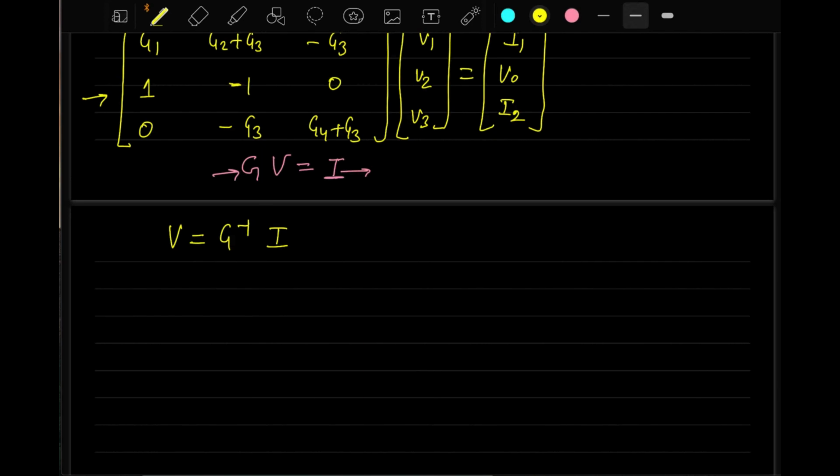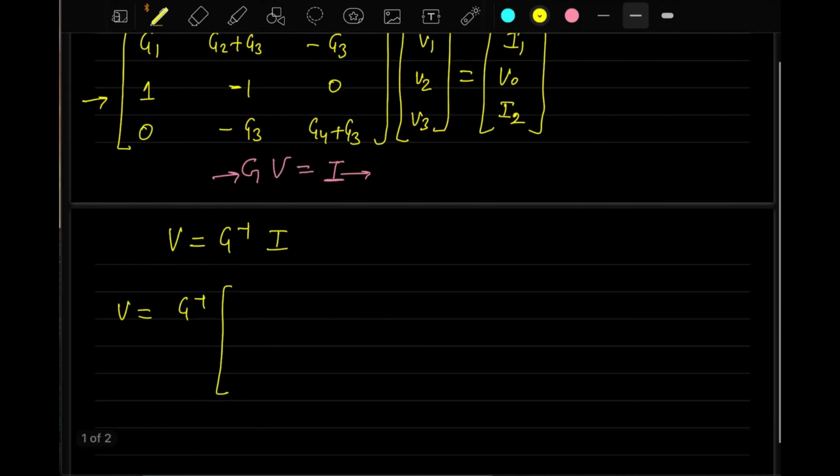Now, what we can do is solve it the other way around also. The other way of solving it is you do it like this. Can we do like this? Right now, here we have I1, here we have V0, and here we have I2.